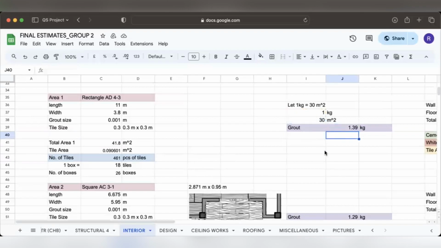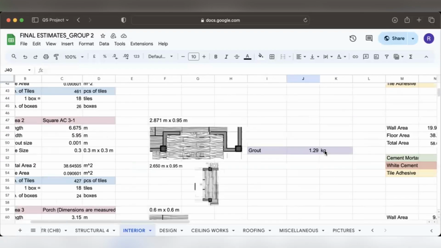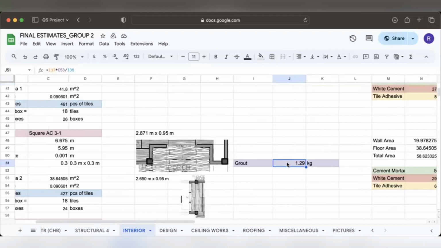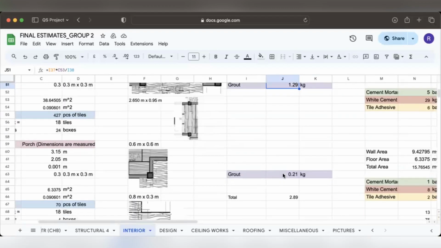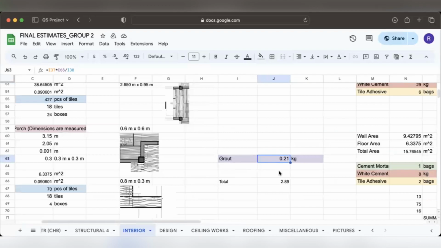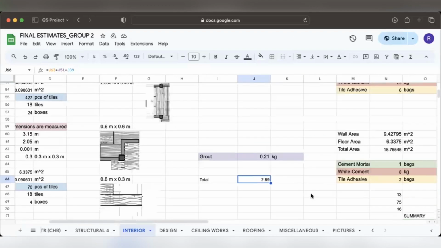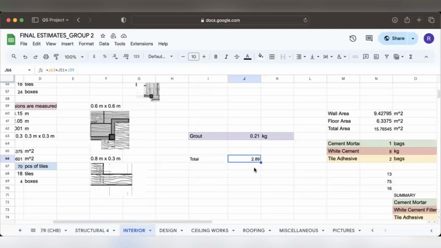So we have 1.39 kilograms. For area 2, we have 1.29 kilograms. And for area 3, we have 0.21 kilograms, having a total grout of 2.89 kilograms.